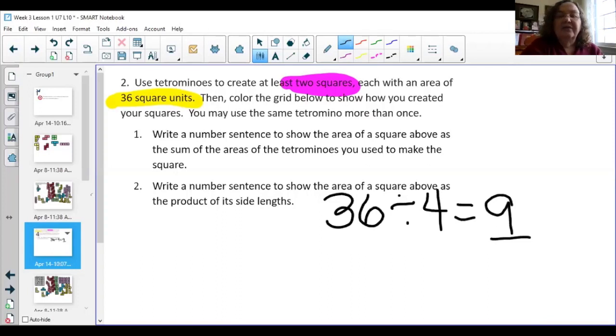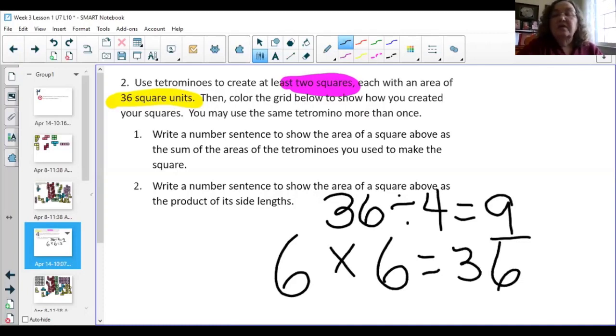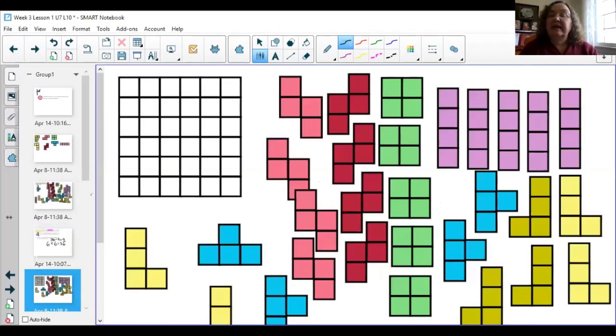So I know that 6 times 6 is 36. So my square has to have 6 square units going down and 6 square units going across. So here I am. I've got 6 square units going down and 6 square units going across.